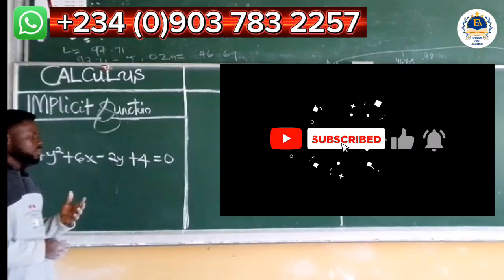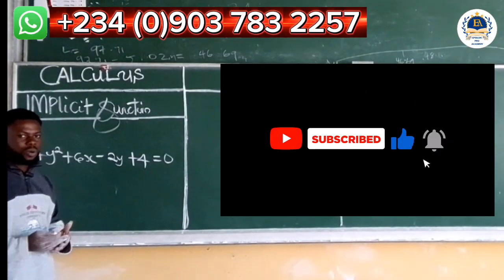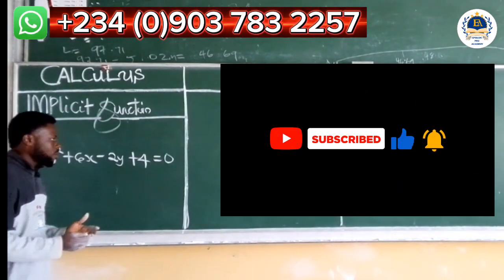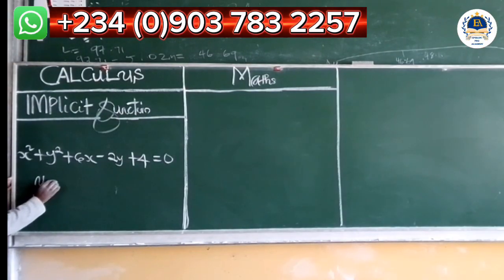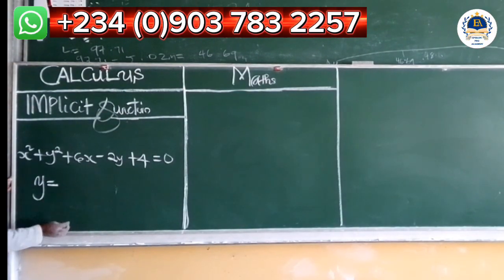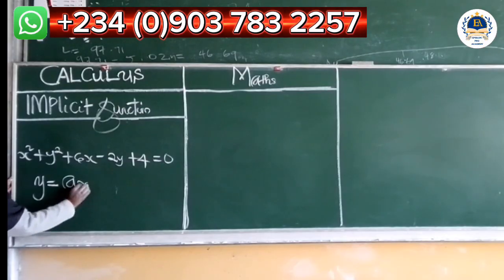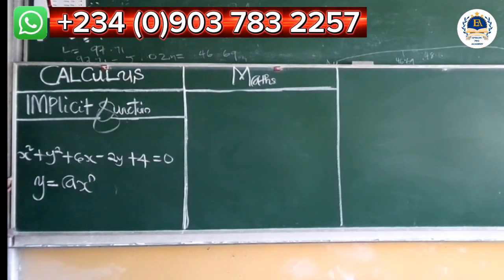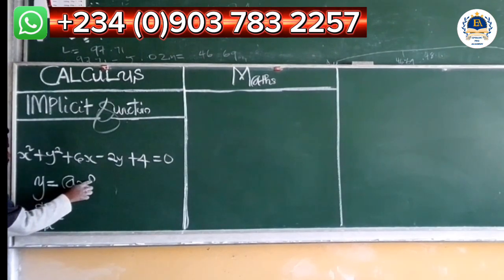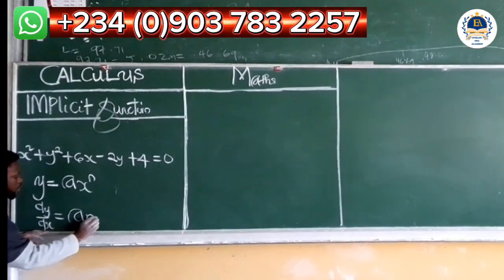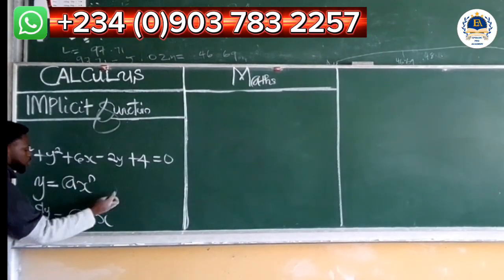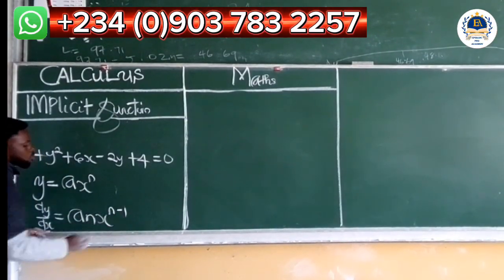But before we can differentiate this, let us recall the derivation formula. In the derivation formula, if y is a function of x, given as a x raised to the power of n, we know that dy over dx will give us this power times the coefficient, that is a and x, then subtract 1 from the power, n minus 1.